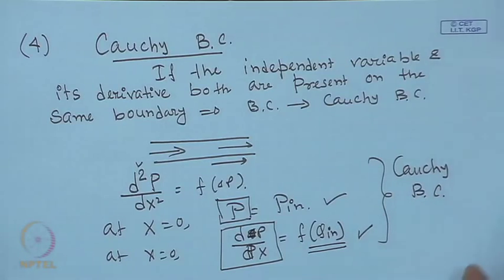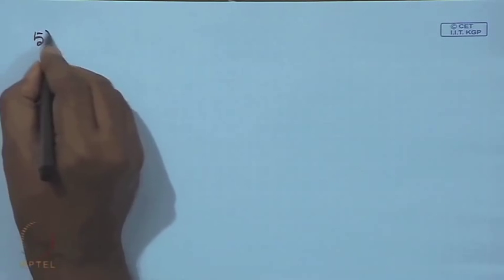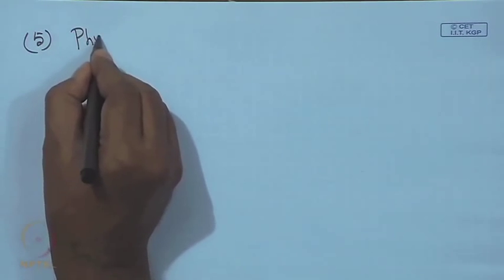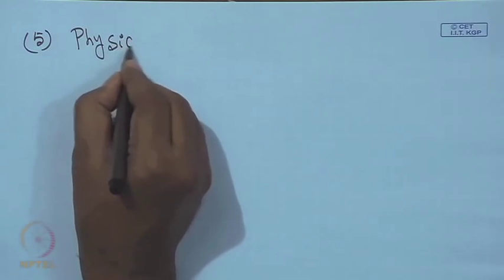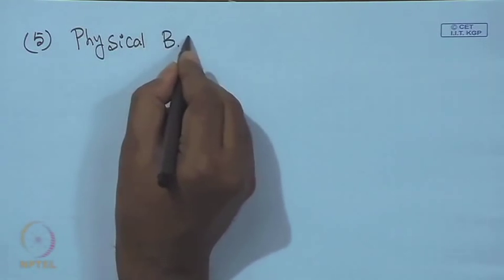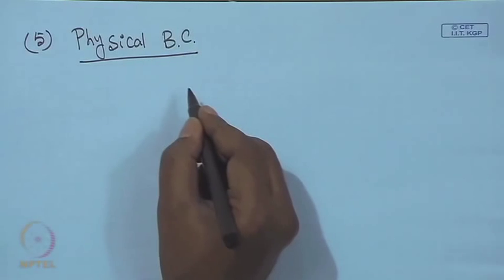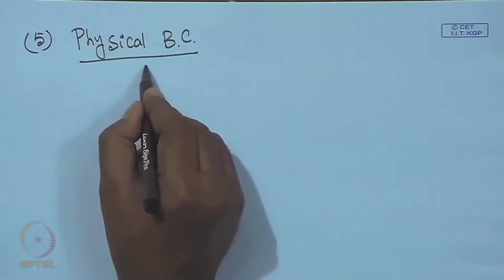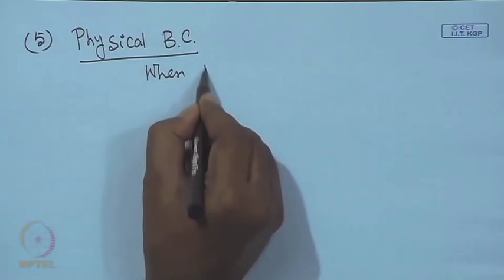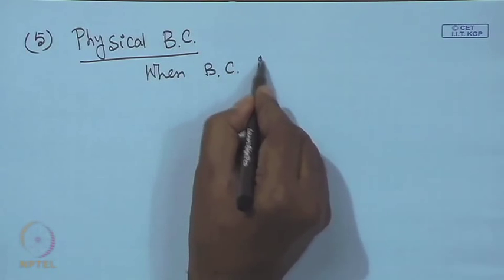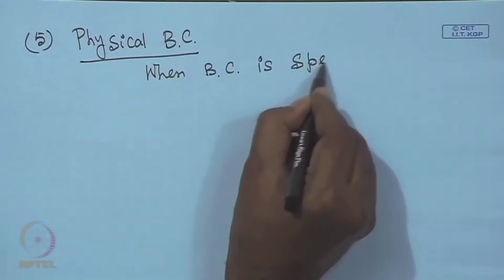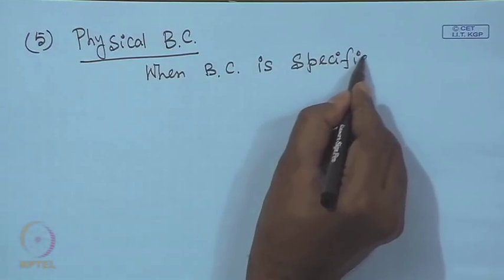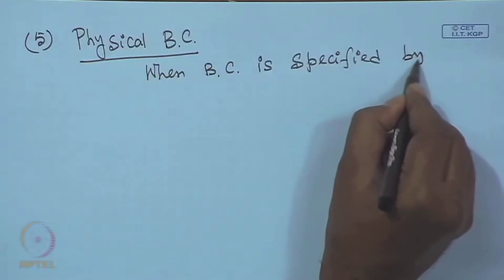Next, we talk about something called the physical boundary condition. We call a boundary condition a physical boundary condition when it is specified by the physics of the problem.